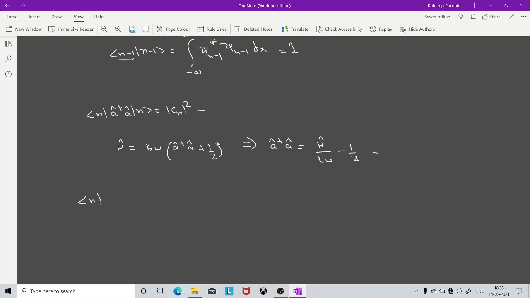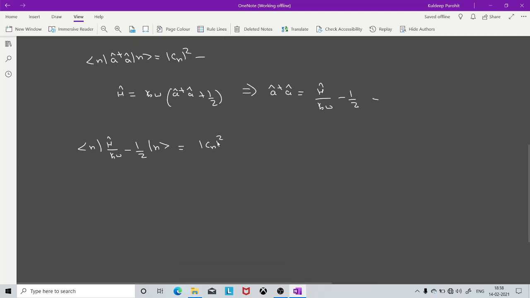So this is bra n into H upon h cut omega minus 1 by 2 into ket n is equal to mod of Cn square. I will take 1 by h cut omega outside: bra n into Hamiltonian operator into ket n minus 1 by 2 bra n into ket n is equal to mod of Cn square. This is again the condition for normalized states.